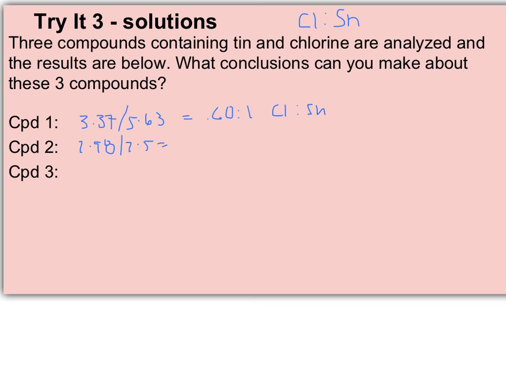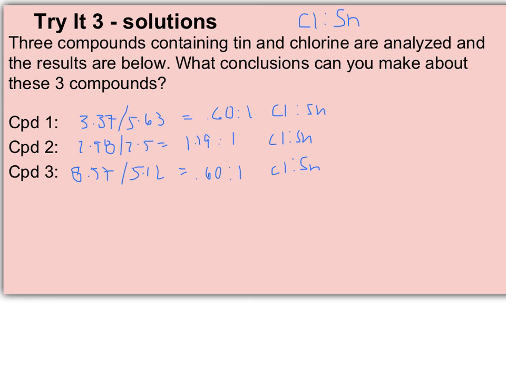And this time my ratio is bigger than 1, 1.19 to 1, chlorine to tin. And my third compound, I have 8.57 grams of chlorine and 5.12 grams of tin. And my ratio is 0.60 to 1 again, chlorine to tin.